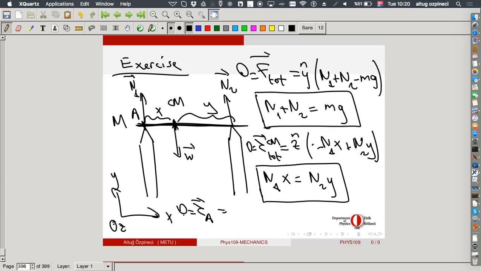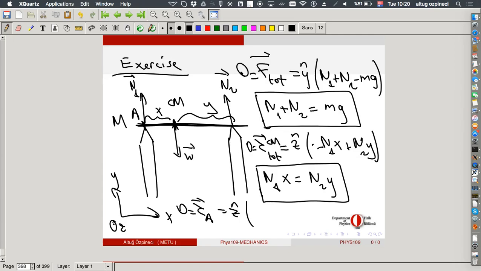Again, the torque will be in the z direction. Okay, what is the torque created by N1? It is 0. It is acting right at the point A. What is the torque created by the weight? Direction of it?